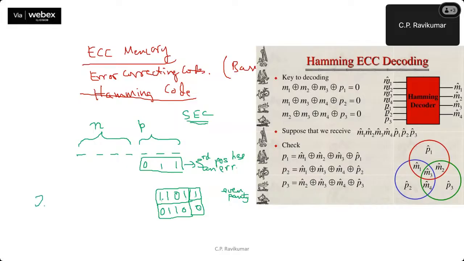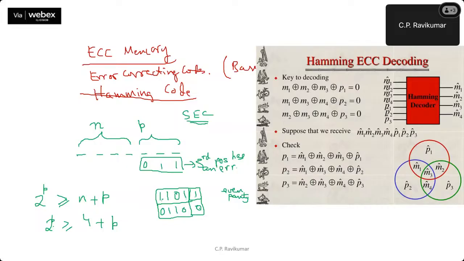So parity bits can be in any of the 2 to the power p combinations. So this should be at least equal to n plus p. So for example, if n is 4, we have to try which one will work.